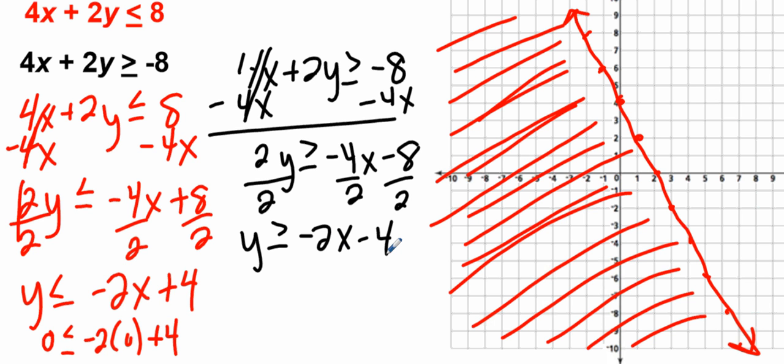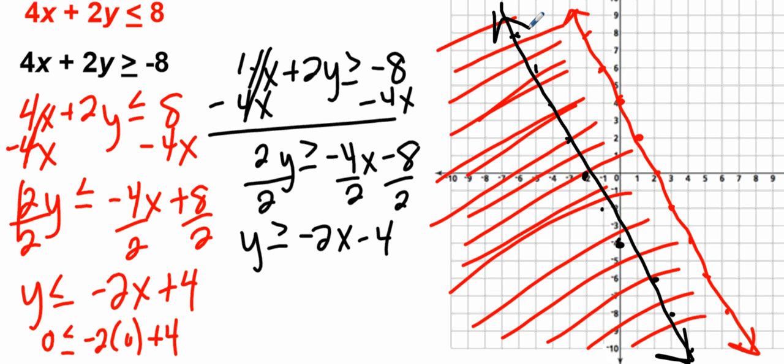So I'm going to go to negative 4, go up 2, to the left 1. Down 2 and to the right 1. It's going to be a solid line because it's or equal to.